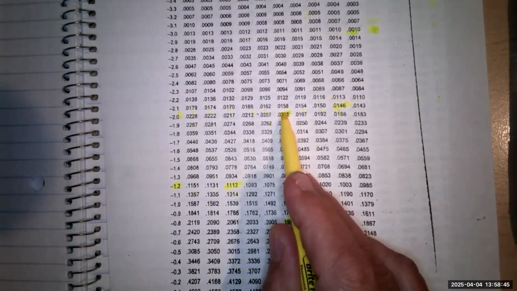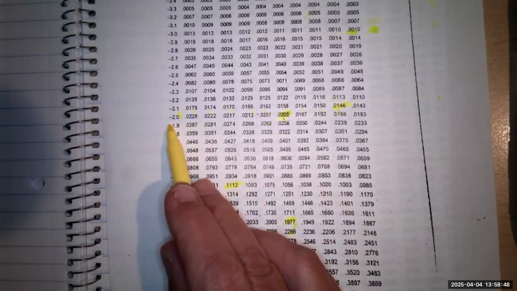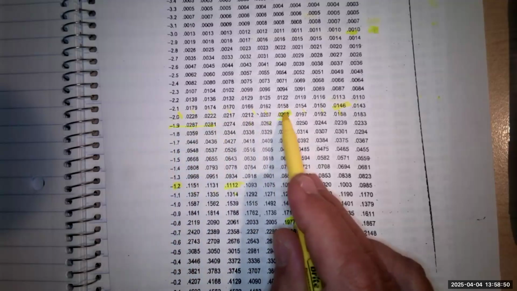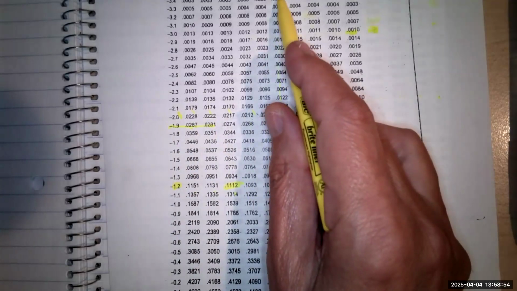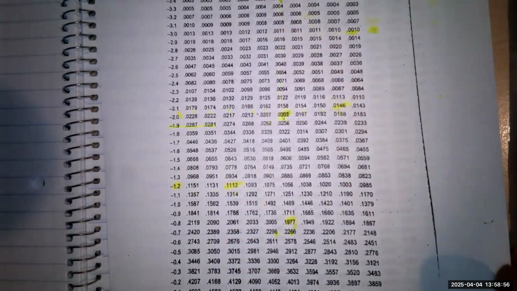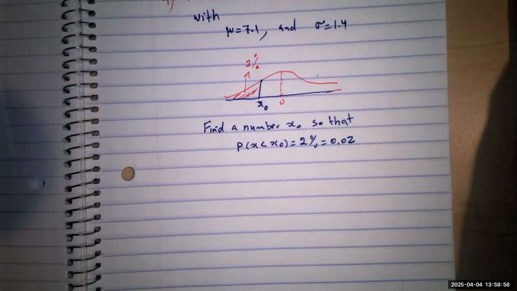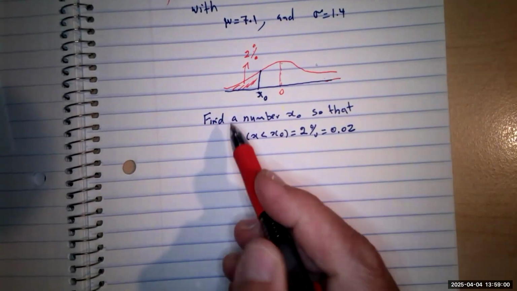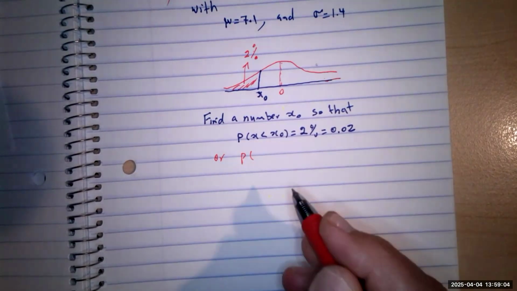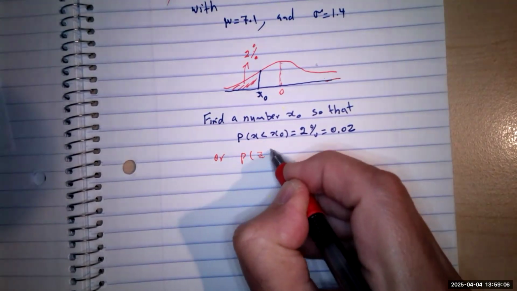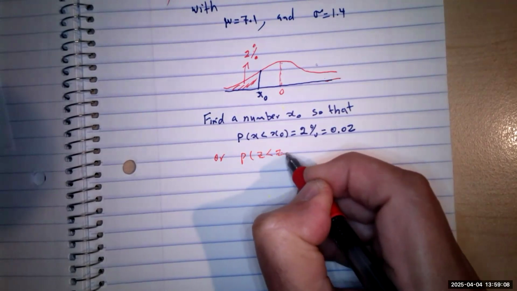So what is the Z number that corresponds to this? It's negative 2.05. Application is of course much easier, but I just explained this to convince you.